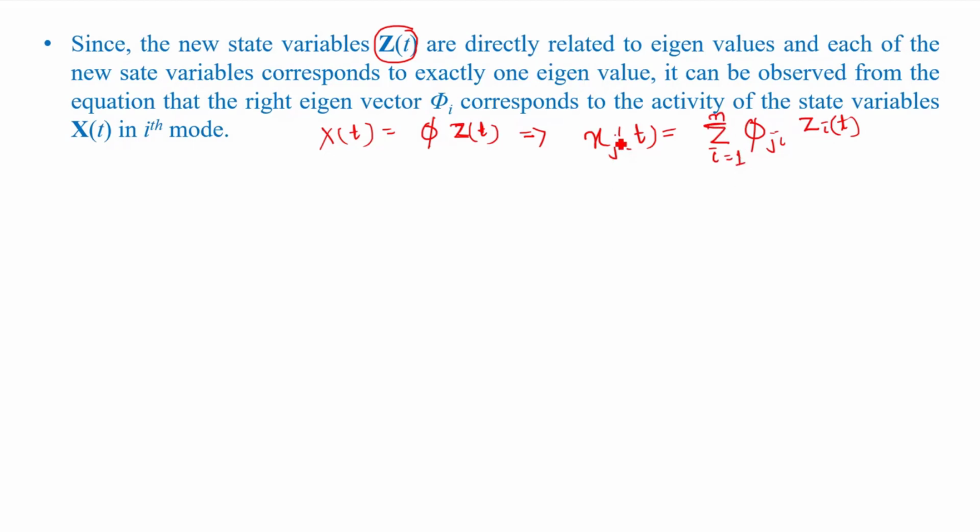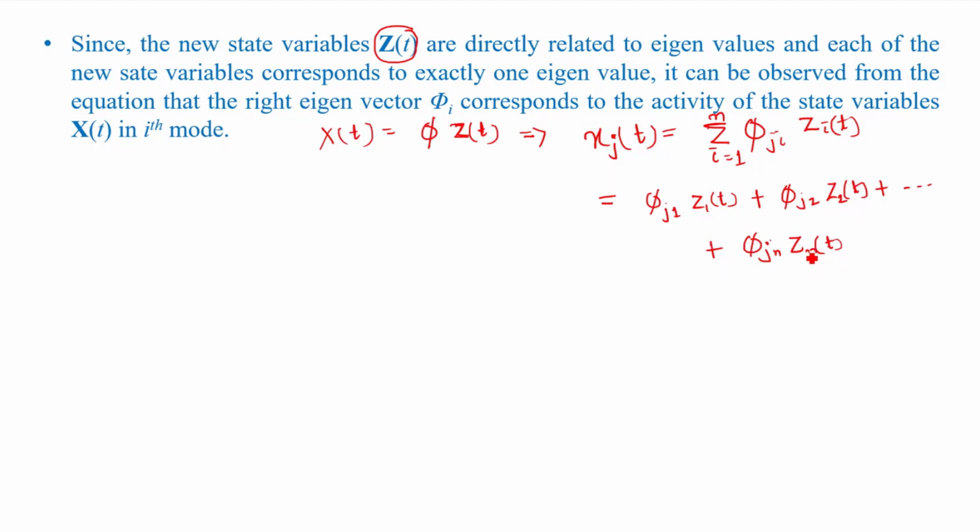So that means the ith state variable is a combination of different modes. So you can see here different modes, right? If I expand this, I can write this as phi_j1 z_1(t) plus phi_j2 z_2(t) plus dotted up to phi_jn z_n(t), right? So we can see this jth state variable is a combination of all the modes.